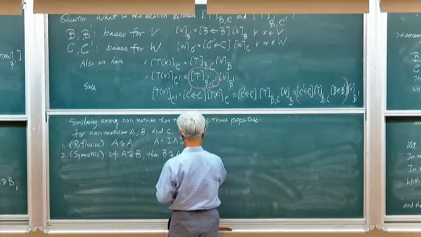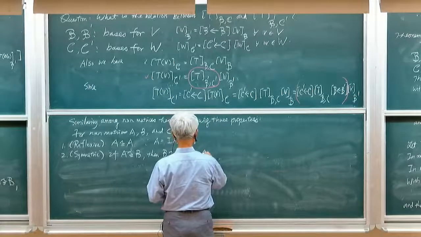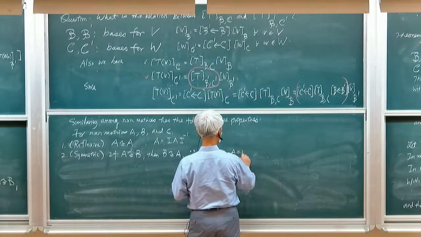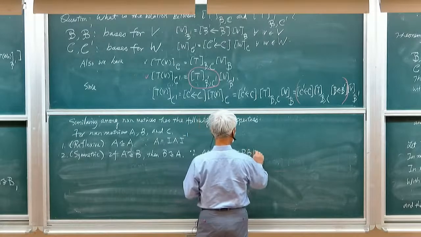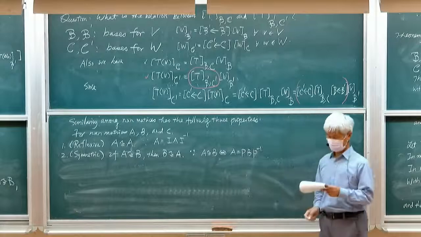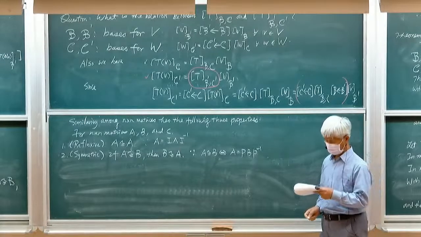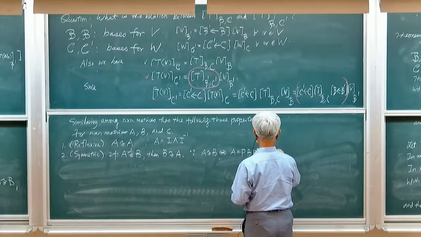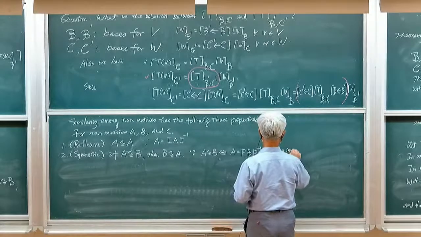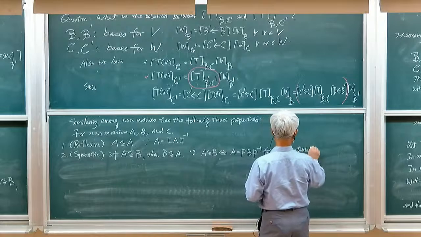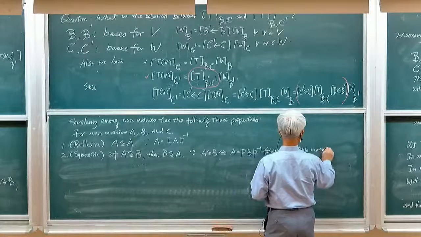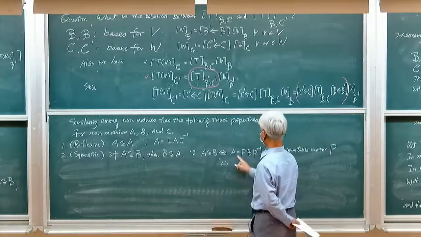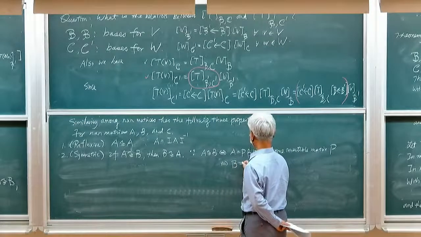The reason is that A is similar to B if and only if A can be written as P B P inverse for some invertible matrix P. But this is equivalent to saying that B can be written as follows.